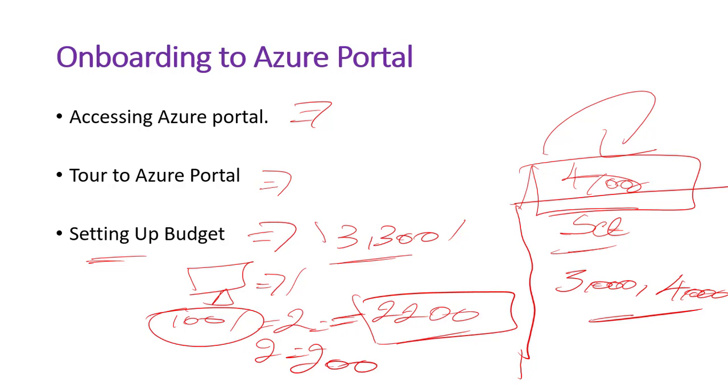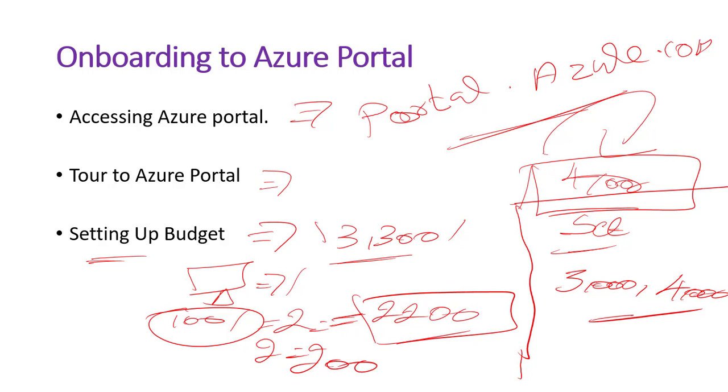So let's move on to the Azure portal and see how to access it. To access the Azure portal, the link is portal.azure.com. If you access this link, you will be onboarded to the Azure portal. Let's go in.